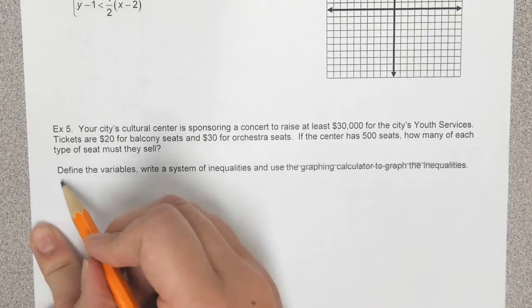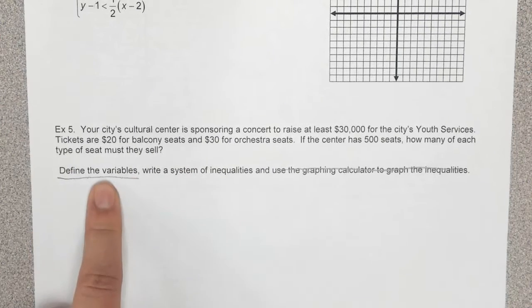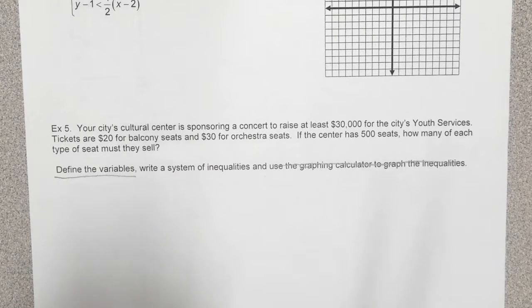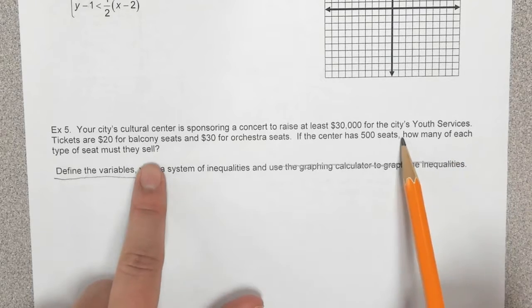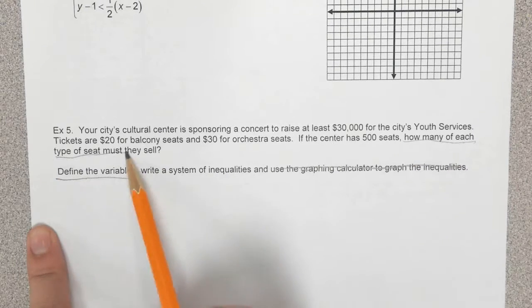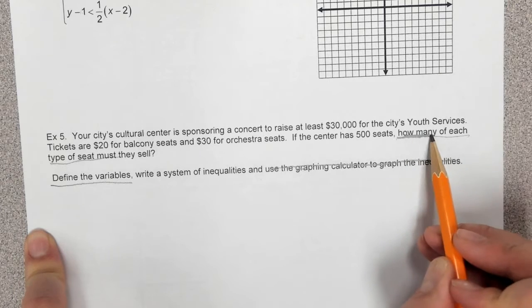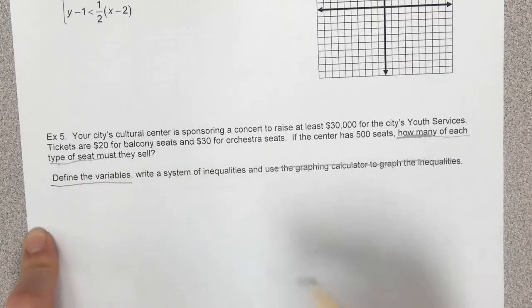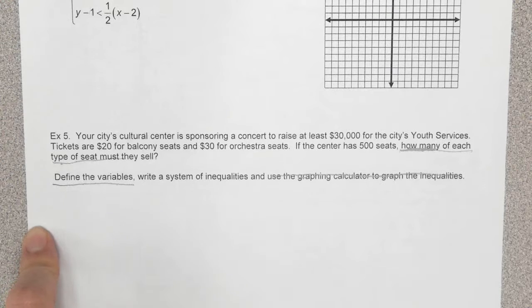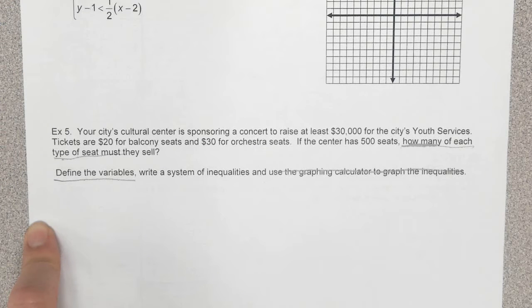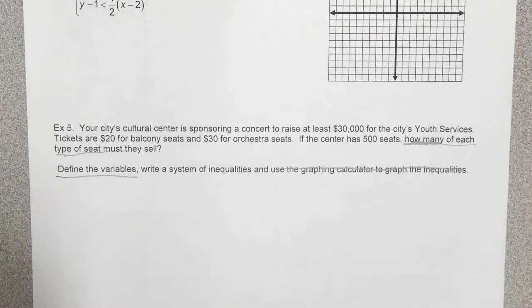Whenever a problem tells you to define the variables, you go back in the problem to the part that has the question mark. How many of each type of seat? That's your variables. How many, so the number of each type of seat. Well, what types of seats do we have? What kind of seats are we selling to the show?